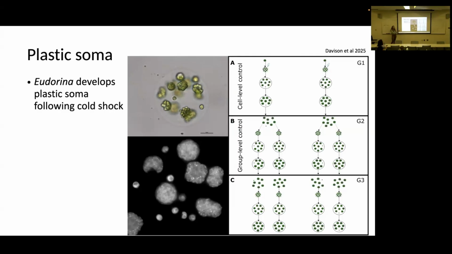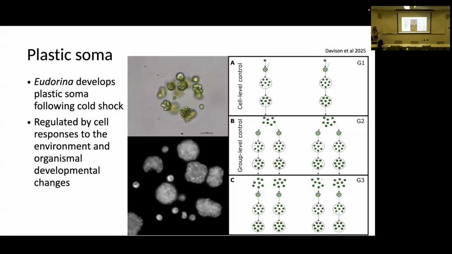They don't reproduce, they're alive, they're indistinguishable from the somatic cells of other species. And this is a cell level response to the environment. This differentiation is under cell level control. Additionally, the offspring of some of these cold shock colonies also will have 1 or 2 somatic cells. So this is a group level response to an environmental stress.